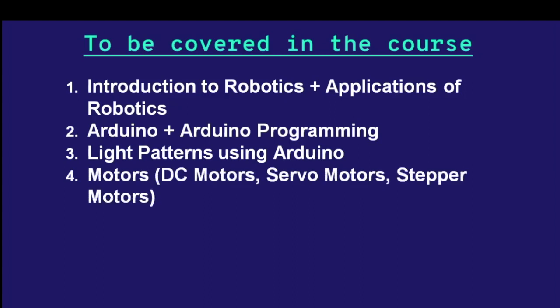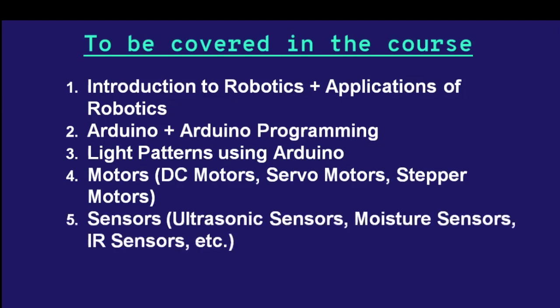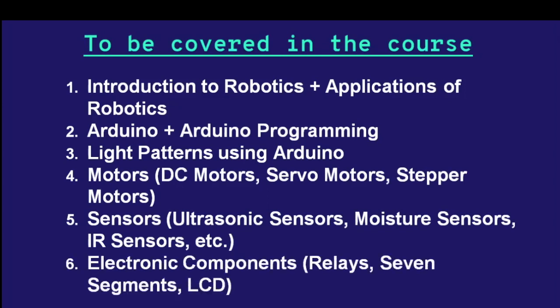Then we'll talk about motors, such as DC motors, servo motors, and stepper motors. Then sensors such as ultrasonic sensors, moisture sensors, and IR sensors. And electronic components such as relays, 7 segments, and LCDs. Don't get scared if you cannot understand these terms. We'll be teaching you all these things in our course.